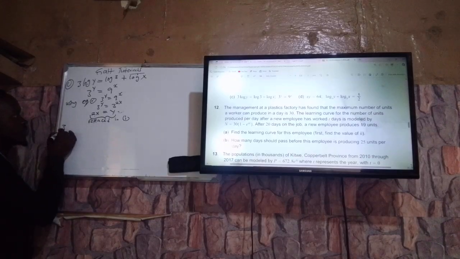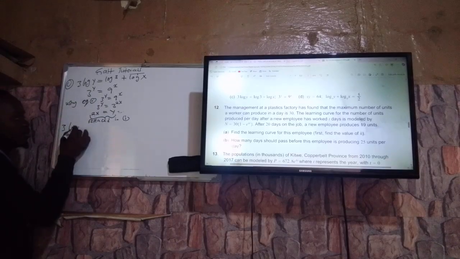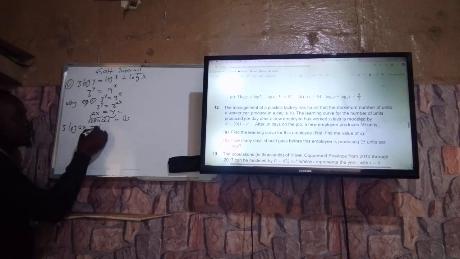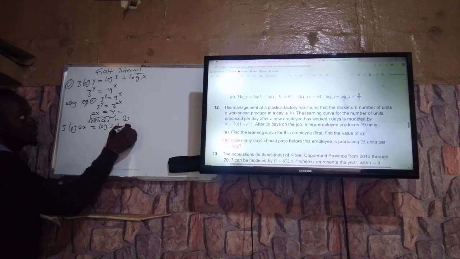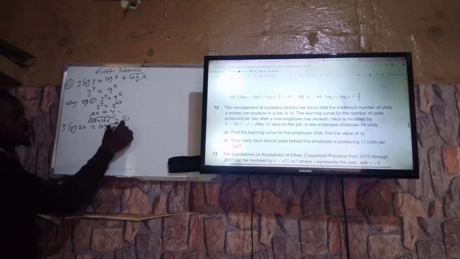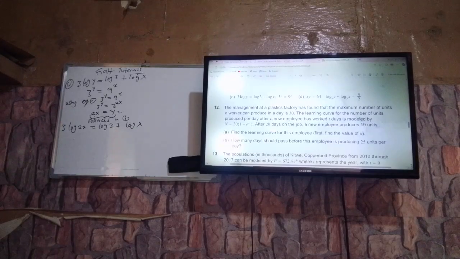So if the first equation has 3 log y, instead of using log y, I'm going to use 2x, equals log 3 plus, oh sorry, this is not a root, this is just log x. Log x. Like that.